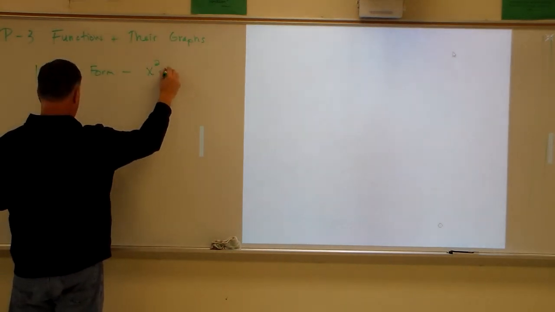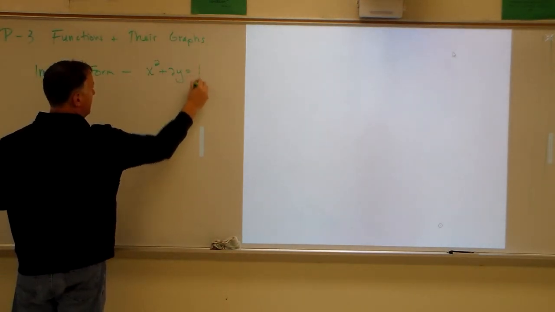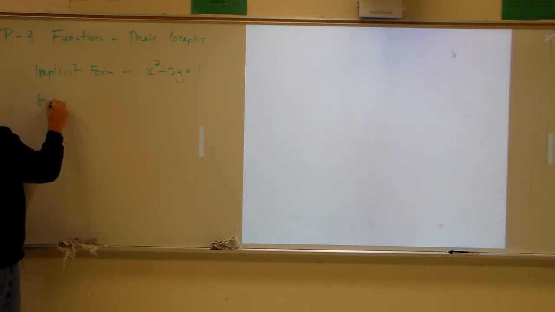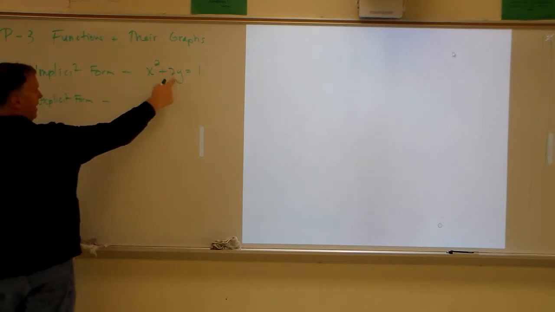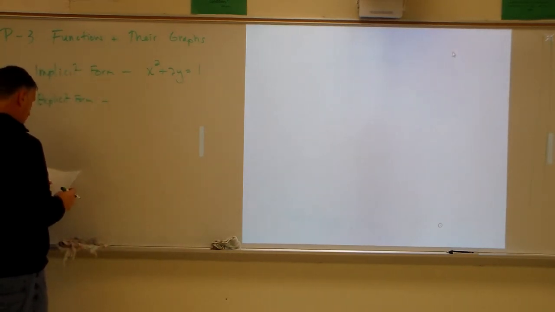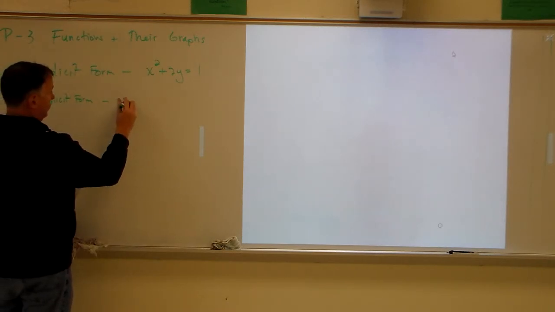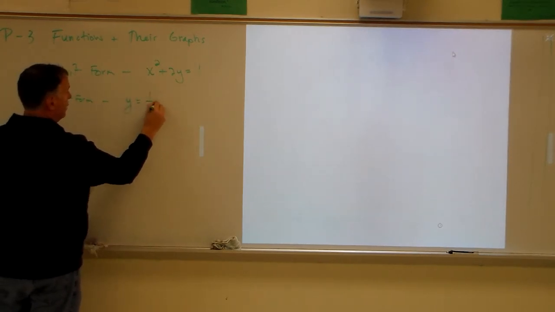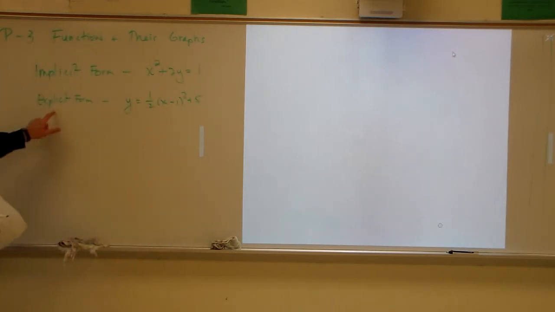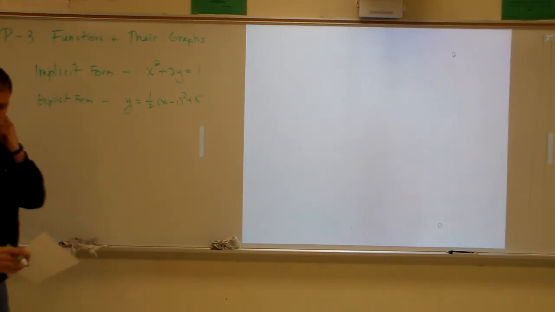X squared plus 2y equals 1. Explicit form. So implicit form, you get your x's and y's on the same side. Get your numbers on the other side. Explicit form would be like this when you solve for y. 1/2 times x minus 1 squared plus 5, something like that. Explicit. Solved for y.